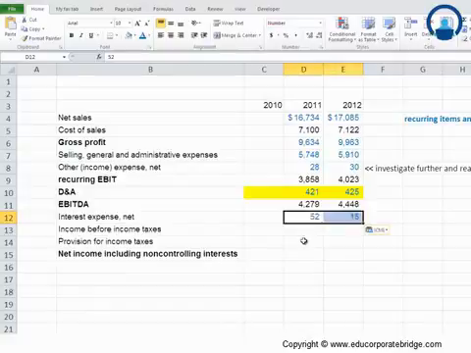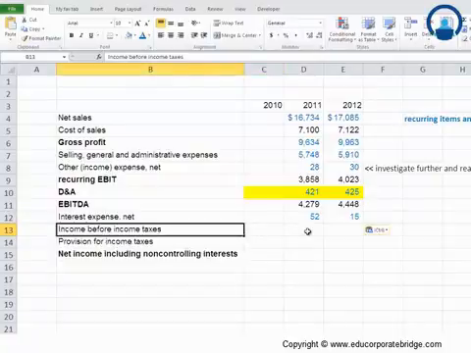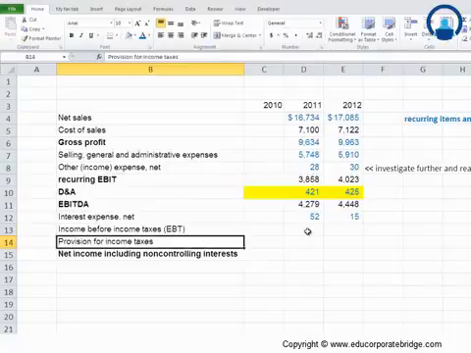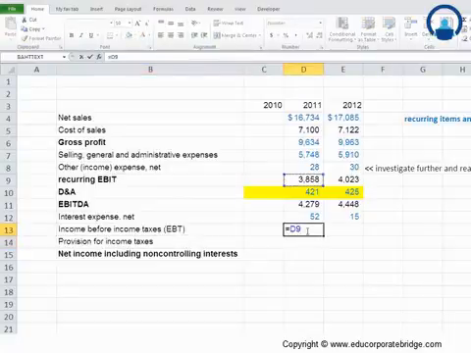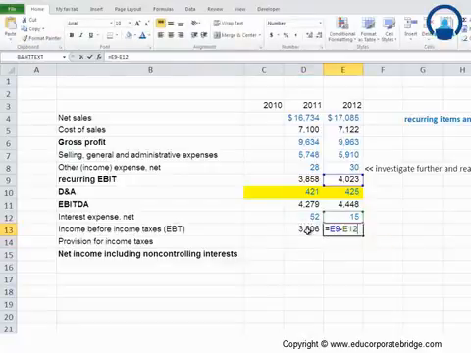So I'll copy and paste this directly. So what we get here is the income before income taxes, which we also call that as EBT, earnings before taxes. This is equal to EBIT minus the interest expense. So this comes out to be 3806 and 4008 in the case of 2012.